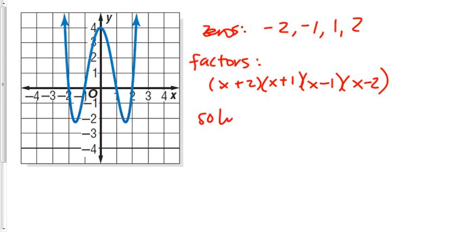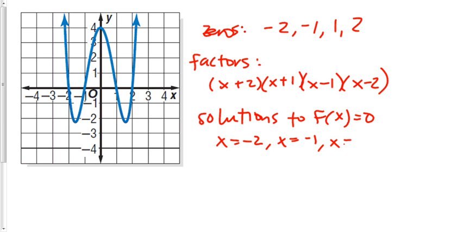We also know that the solutions to the equation f of x equals 0 are x equals -2, x equals -1, x equals 1, and x equals 2. So that's how zeros, factors, and the solutions are all related.